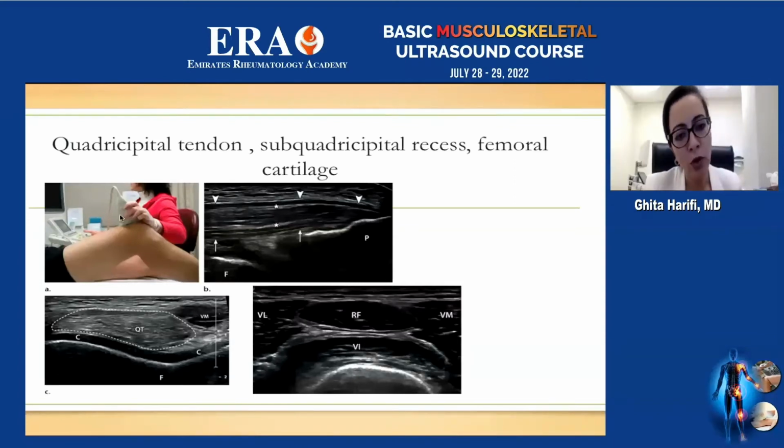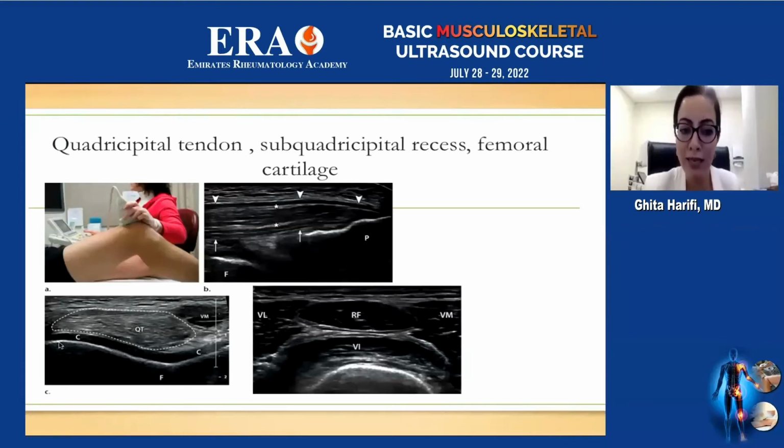Then if you go with the transverse view a little more distally towards the quadricipital tendon, you can appreciate here the quadricipital tendon, but you will be able to see the femoral cartilage. You might need to flex the knee a little bit more to appreciate the femoral cartilage.